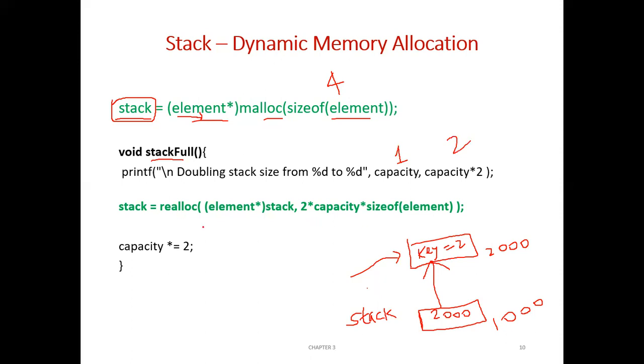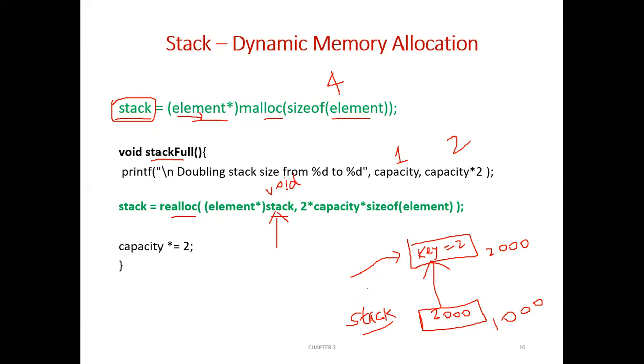Okay, and then here we are using the realloc function. Whatever the pointer stack is pointing to, that should be reallocated. By default, the first argument of realloc is a pointer, but if you refer to the syntax, it is a void pointer. A void pointer can point to any item, but you have to typecast.